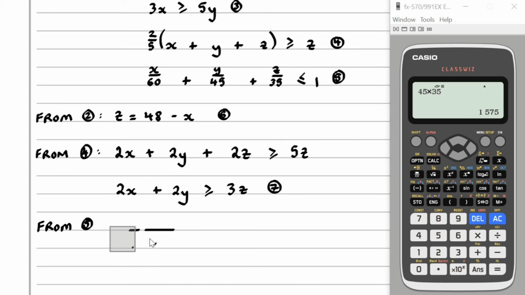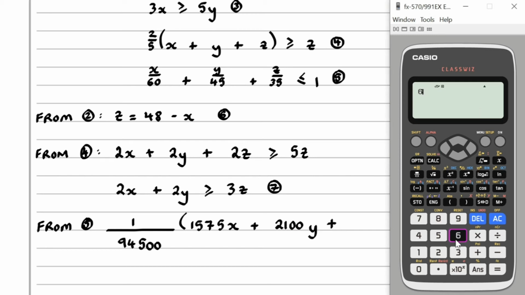So if I take that out as a common factor, we've got 1575x. In terms of how many y's we'd have, 60 times 35 y's, which is 2100 y's. And in terms of z's, we've got 60 times 45 of those, which is 2700.